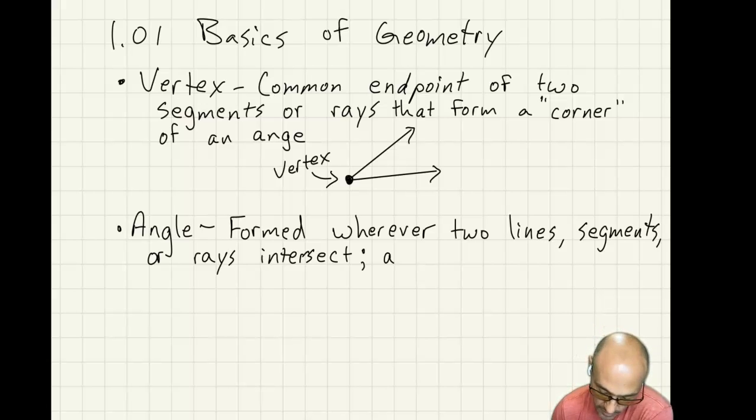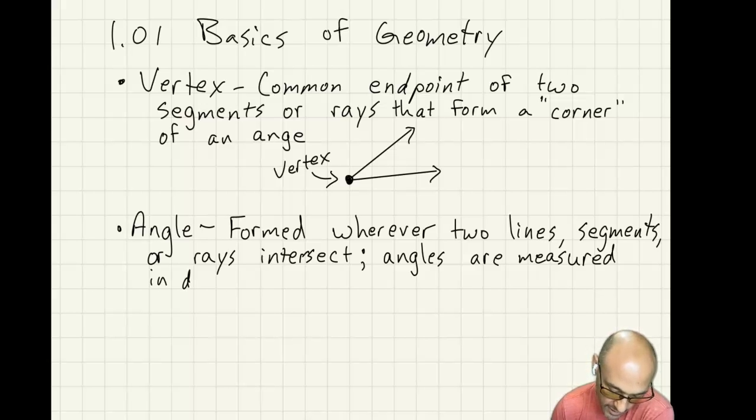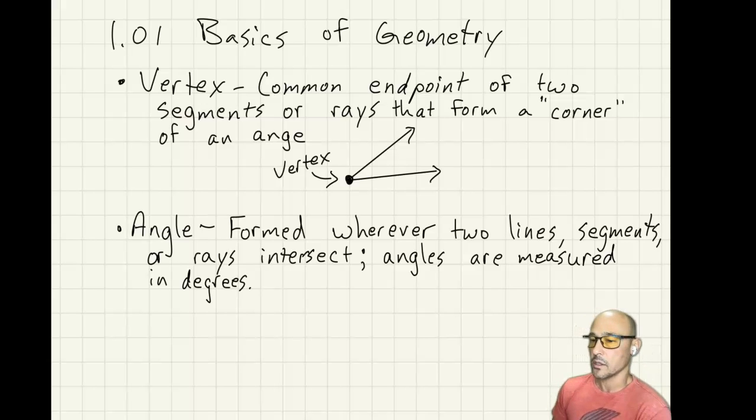And angles are measured in degrees. Later you'll find out that there are other ways to measure angles, but for now they're just measured in degrees. So notice that this says two lines or segments or rays intersect.